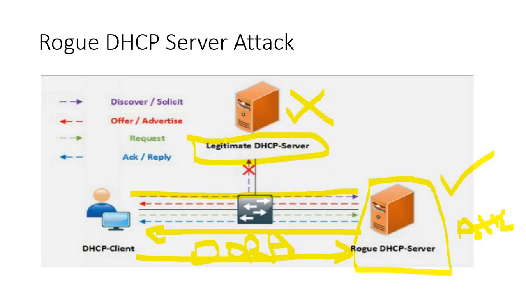I hope this is very clear. Here we are doing just one thing: the attacker is presenting itself as the legitimate DSCP server instead of the actual DSCP server. So this is the rogue DSCP server attack.